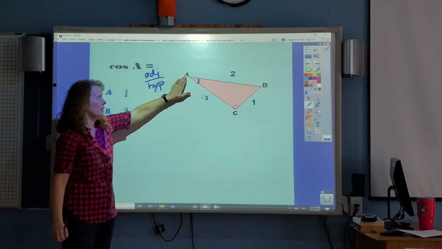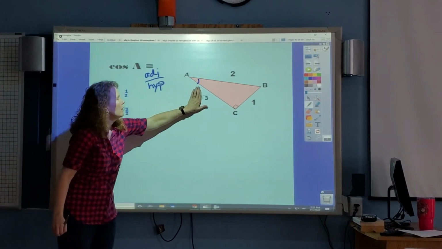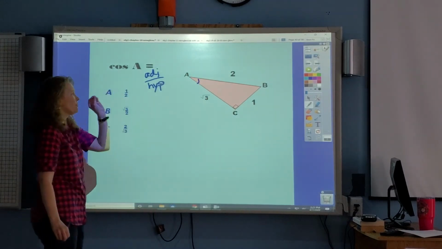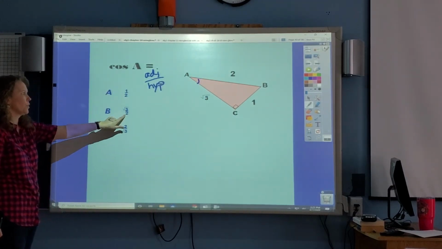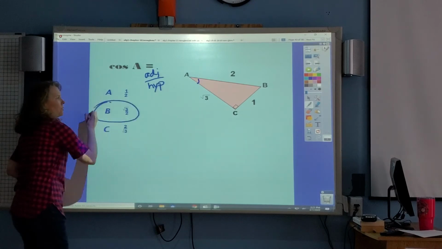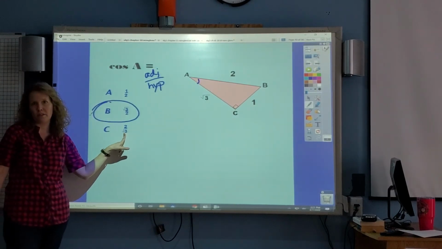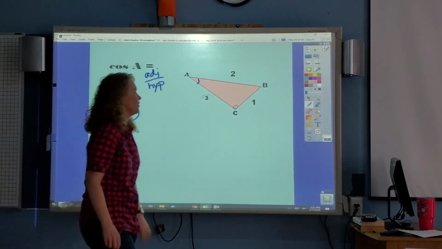So the adjacent side to this angle is the square root of 3, and the hypotenuse is the 2. So we're looking for the square root of 3 all over 2. And that's this answer right here. By the way, that one is not even legal. You can't leave a radical in the denominator. So you knew that one was probably wrong.